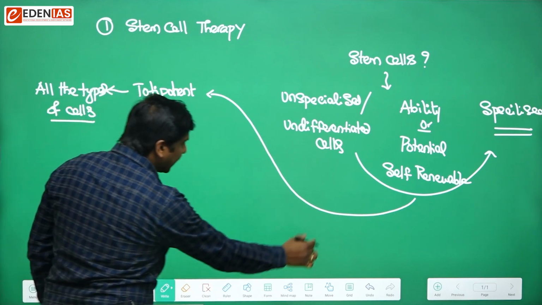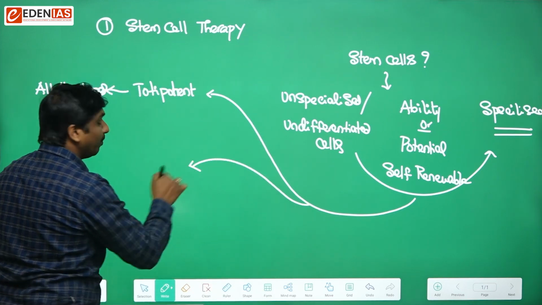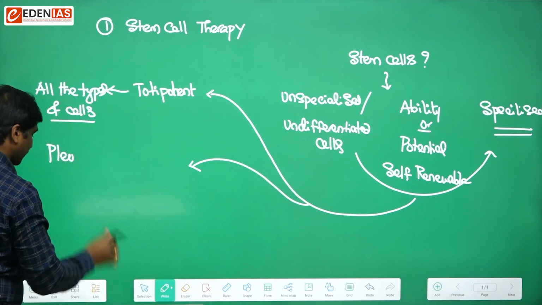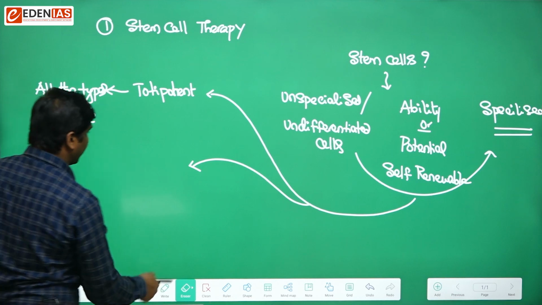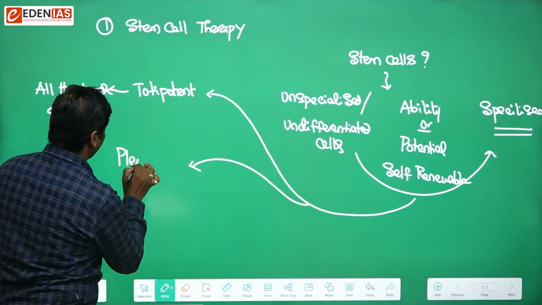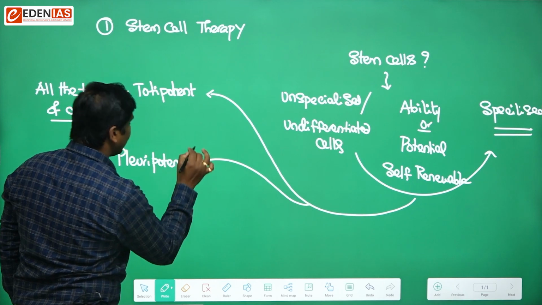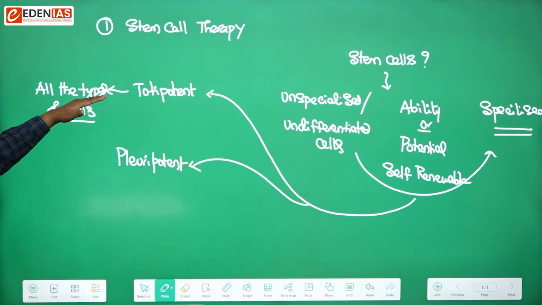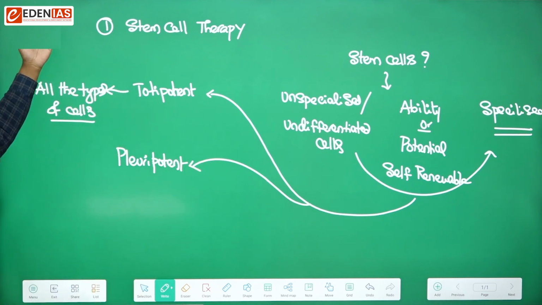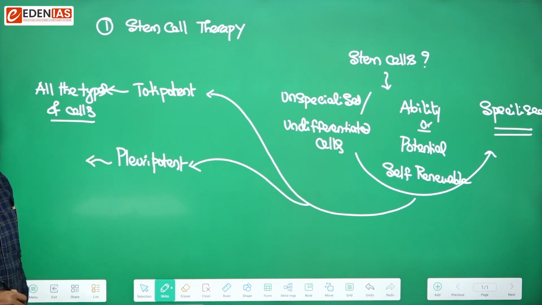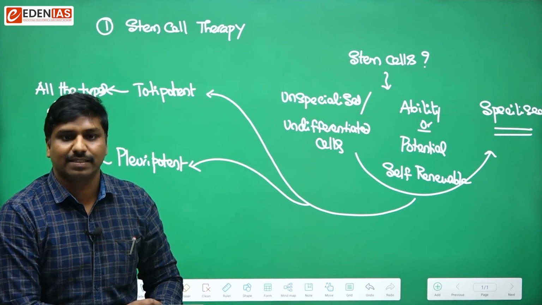Then the second type would be known as pluripotent stem cells. So what do you mean by pluripotent? Here totipotent cells have the ability to develop into all the types of cells, whereas pluripotent means they will have the ability to develop into most of the types of cells present in the body.